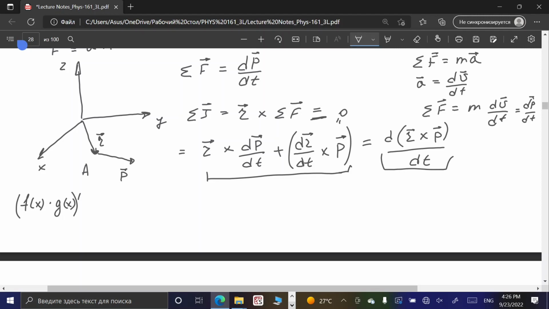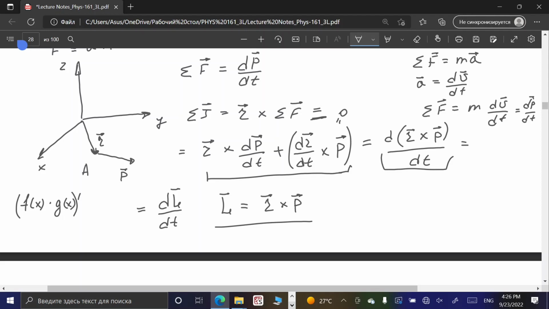Now we have some new vector, which is the cross product of the position vector and the linear momentum vector. So we can introduce a new parameter, dL over dt, where L is the cross product of the position vector and the linear momentum vector, and that stands for the angular momentum vector.